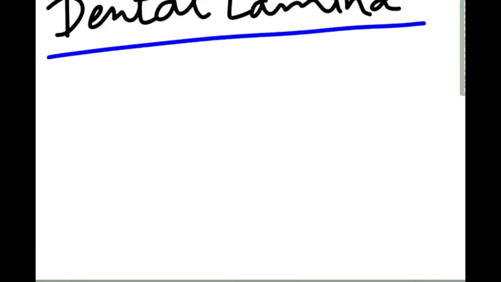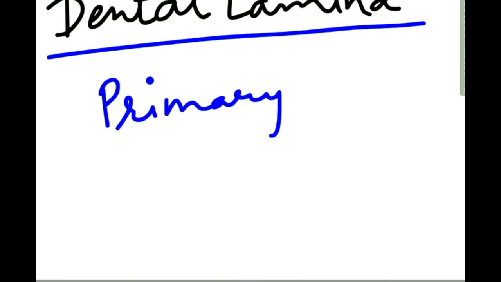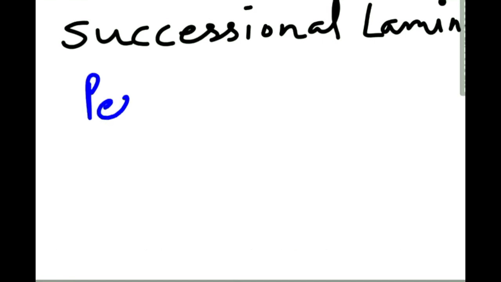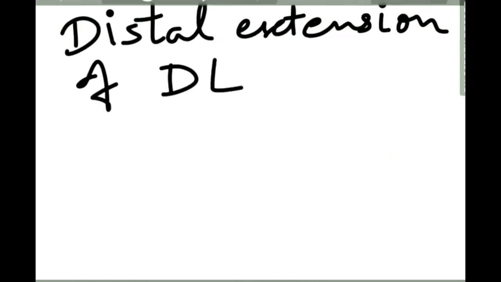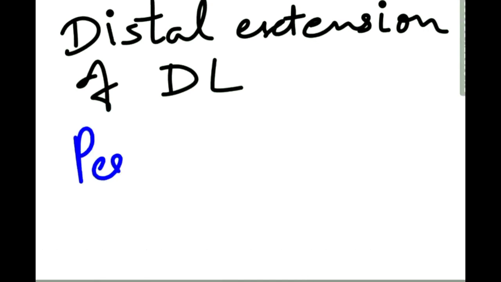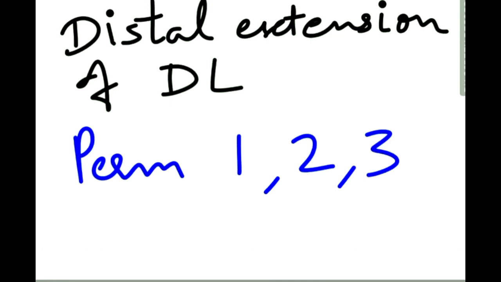This dental lamina gives rise to the primary teeth, and the successional lamina gives rise to the permanent incisors, canines and premolars, while the distal extension of dental lamina gives rise to the permanent first, second and third molars.